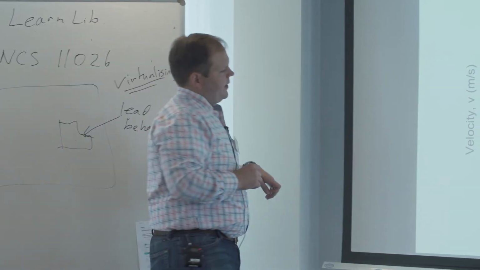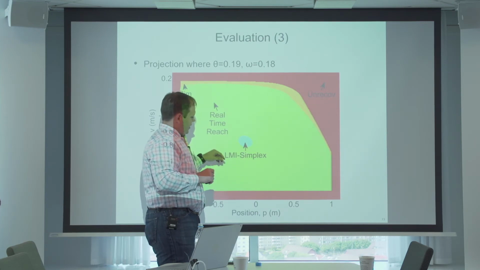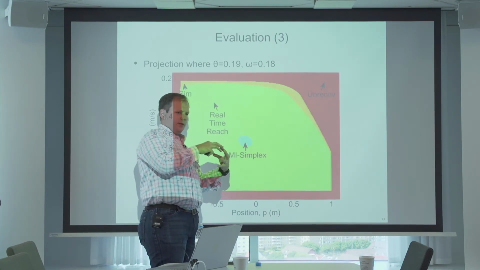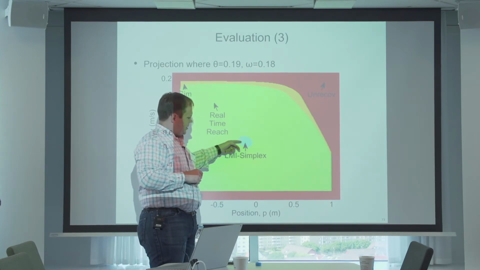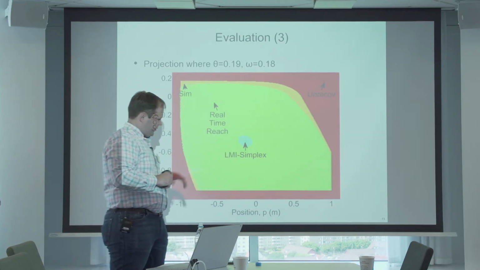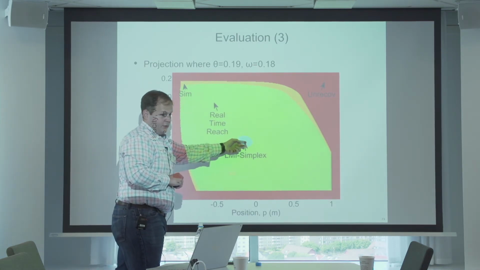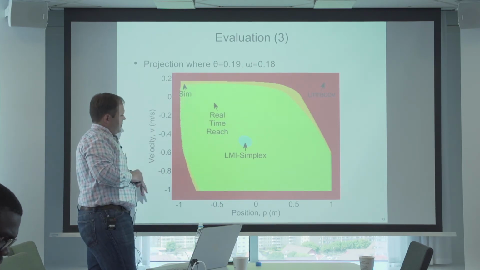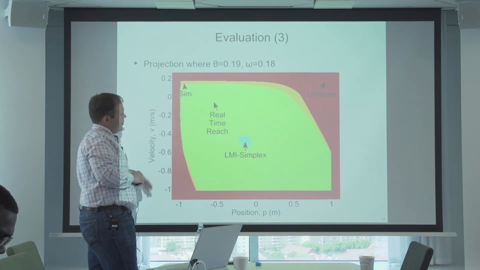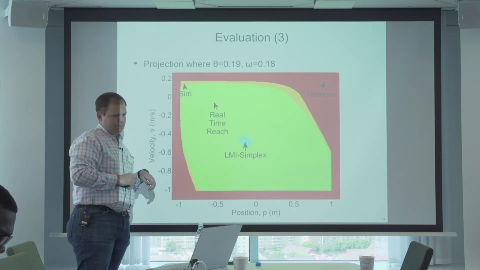Essentially what this represents is some corner of this 4D space where we tried to fit an ellipsoid into it. And this is the only region where, if we'd done this Lyapunov-based design, we'd be able to say that we could use a complex controller. So it's sort of a small region. Whereas if we were to do this real-time reachability approach at runtime, we'd be able to use the complex controller much more frequently.